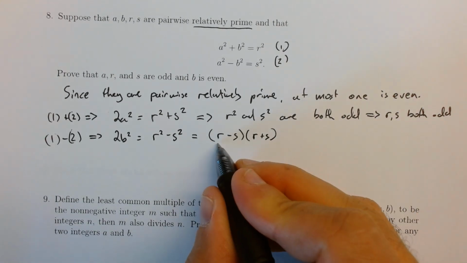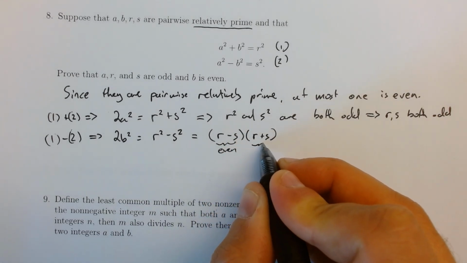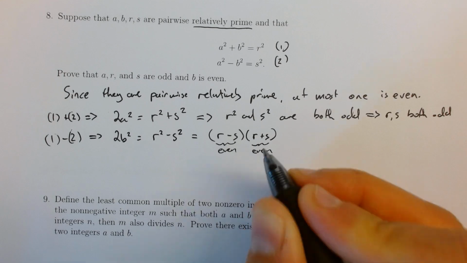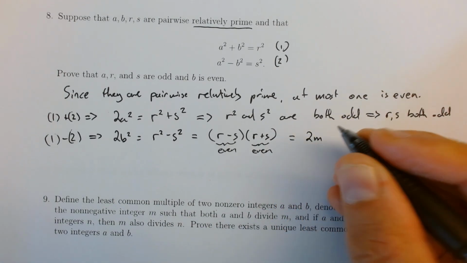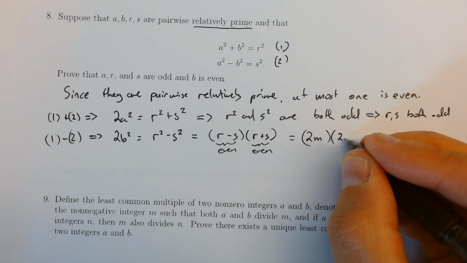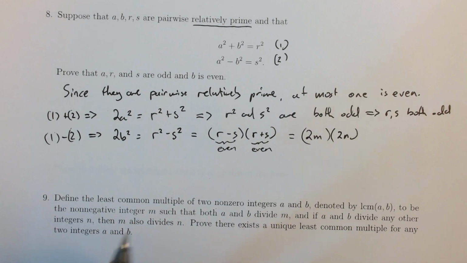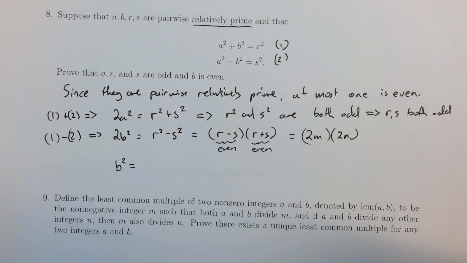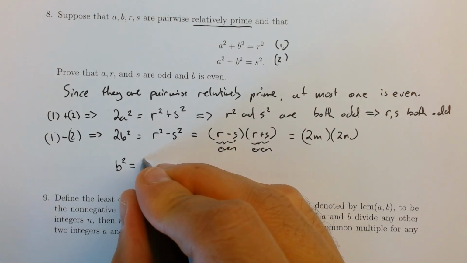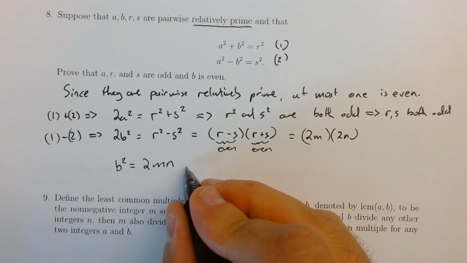So the difference of two odd numbers is even, and the sum of two odd numbers is even. So this looks like 2 times some number times 2 times some other number, or we get 2 factors of 2 coming into this. So now we can cancel out a 2. So we get b squared is 2mn. And so that tells us b is even.